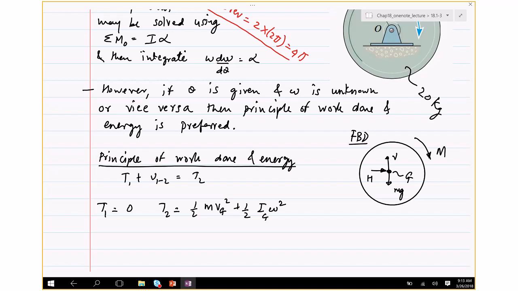What's half m vG squared? What's the linear velocity of G? It's 0, right? It's not translating. So we're only left with half times the inertia of a disk, m r squared divided by 2, times omega squared. So this comes out to be m r squared omega squared divided by 4.